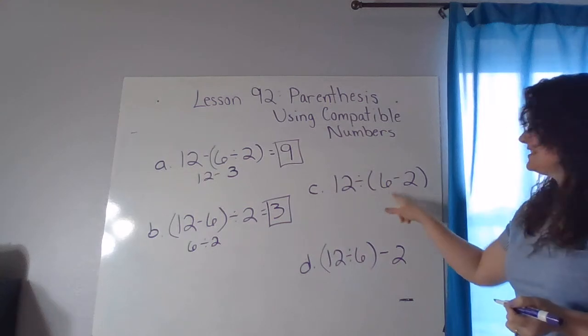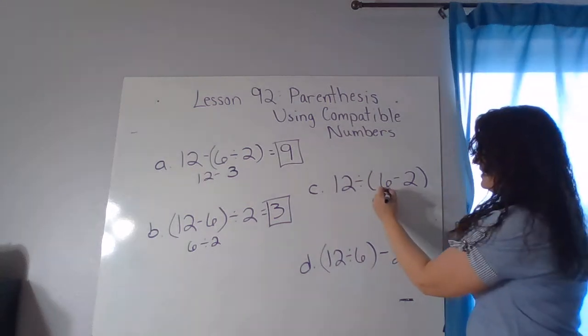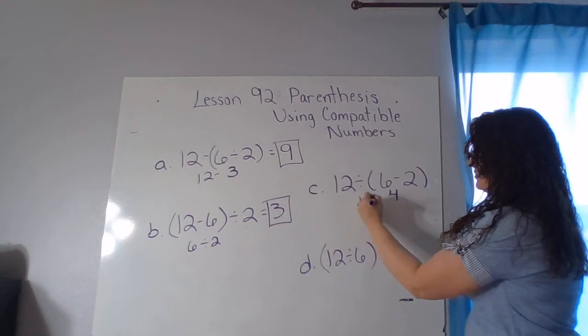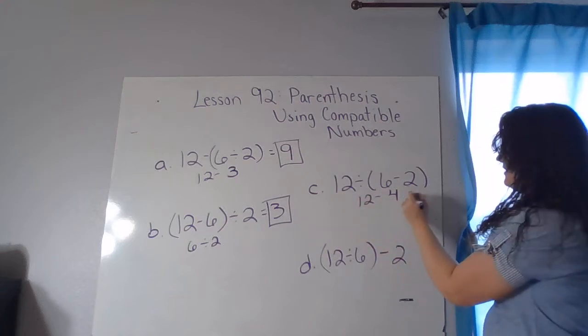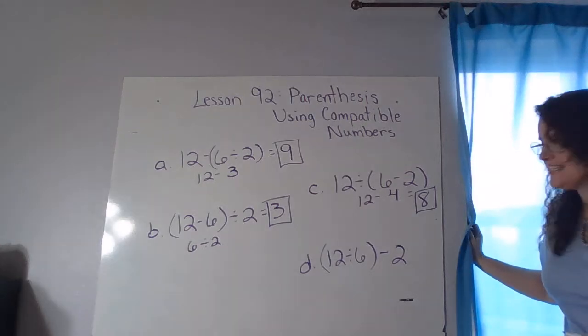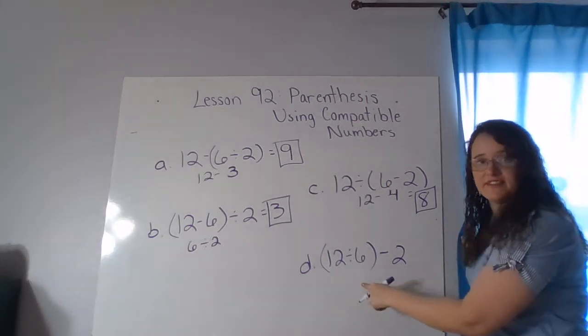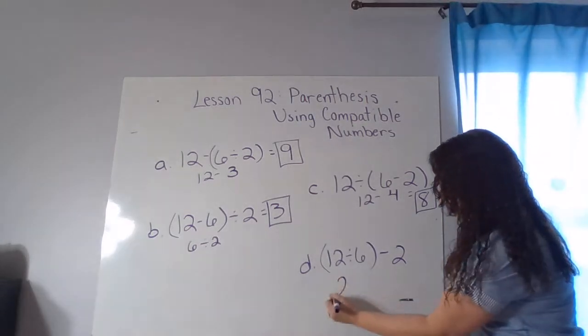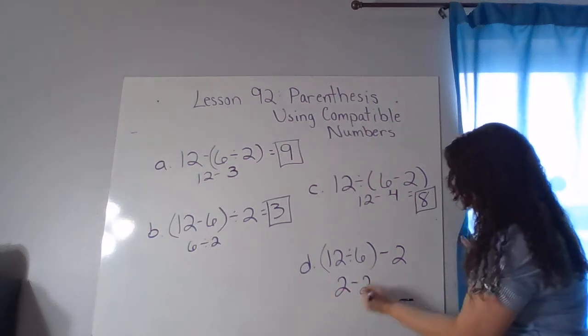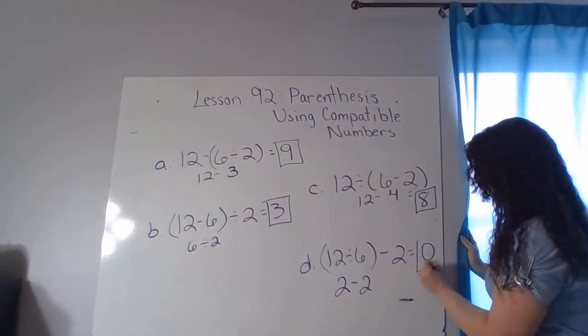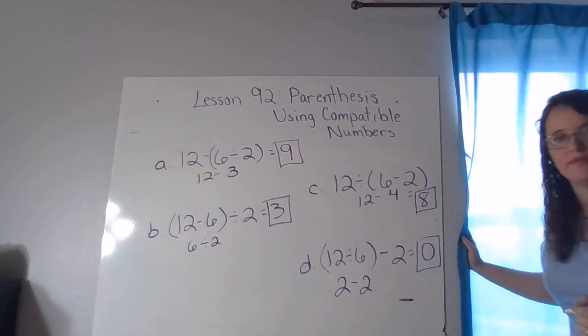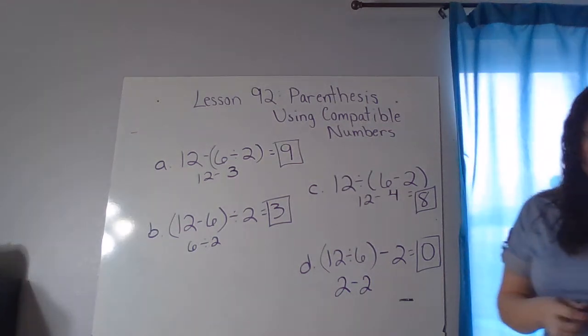Parentheses first, 6 minus 2 is 4. So 12 minus 4, I don't really have room for that one, we'll put it down here. 12 minus 4 is 8. And then here, 12 divided by 6, and 2 minus 2 gives me an answer of 0. There's our first 4 problems.